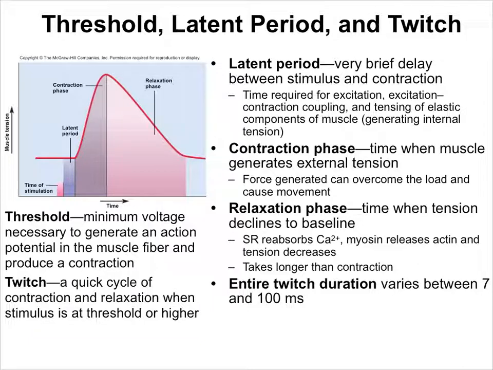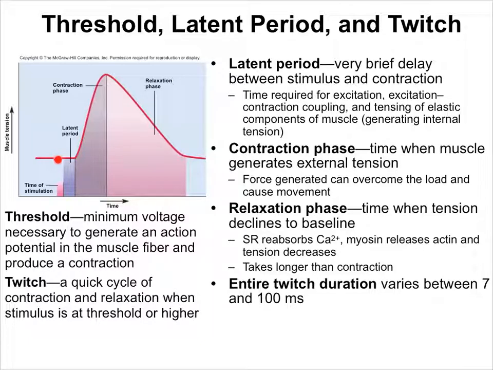So as you're proceeding down in time here, this is where the voltage threshold is met. Remember what we talked about before: you have to allow enough sodium in through the ligand-gated ion channels that you pass a threshold voltage, and then that's what's going to cause the voltage-gated ion channels to begin opening up, causing an action potential.